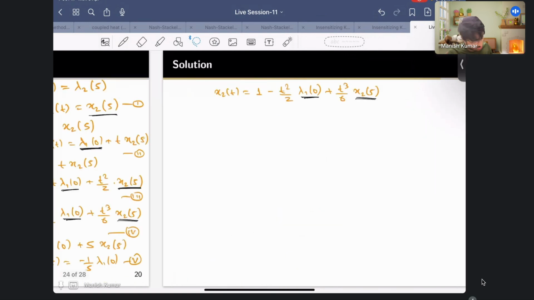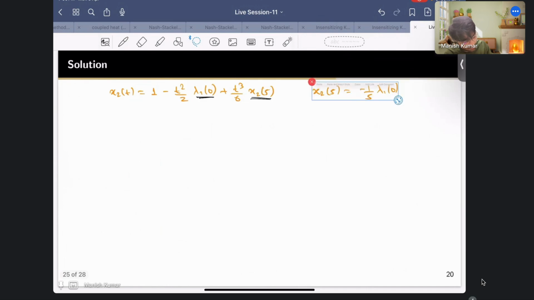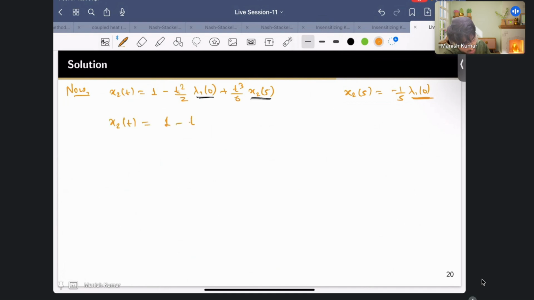This is one, then let us copy this as well. So what you do now, this you already know. Now you can substitute what is lambda 1 here, right? So you'll get x2 at t is equal to 1 minus t square by 2 times lambda 1 0, which is minus 5 times x2 at 5.